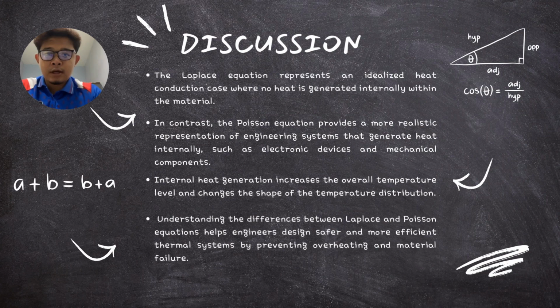This situation commonly occurs in electronic devices and mechanical components. When internal heat is generated, the overall temperature increases and the temperature distribution changes shape and not just its magnitude. And lastly, understanding the difference between Laplace and Poisson equations is important because it helps engineers design safer and more efficient thermal systems and avoid overheating and material failure.